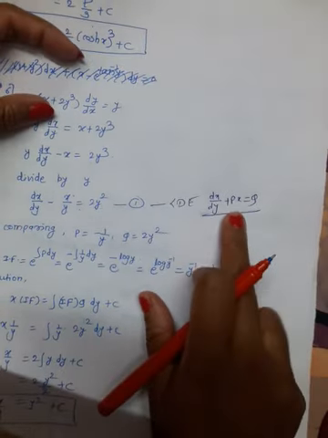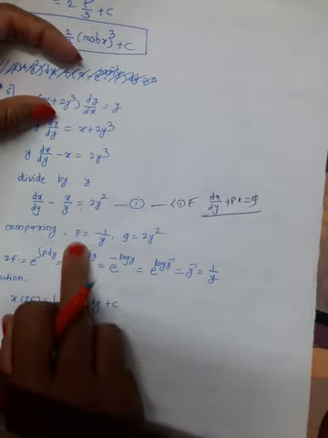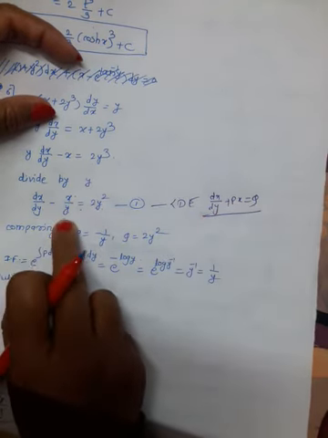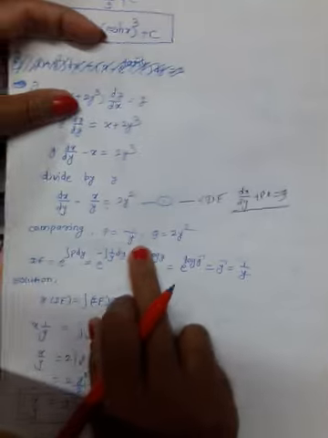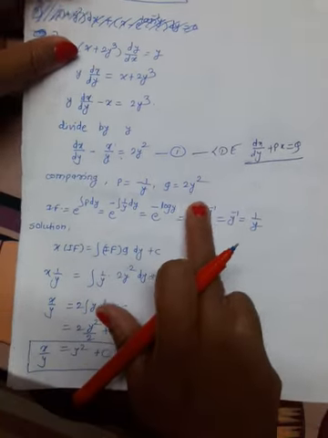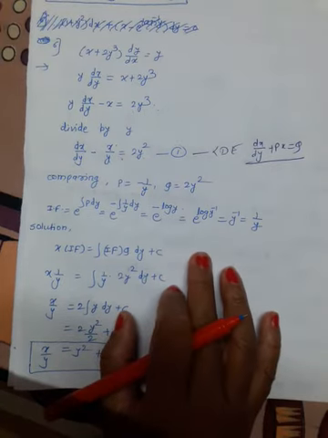Now comparing this with this, we get p is equal to the coefficient of x, with sign minus 1 upon y, and q is the RHS side, that is 2y square. Everything is same, just replace x by y and y by x.